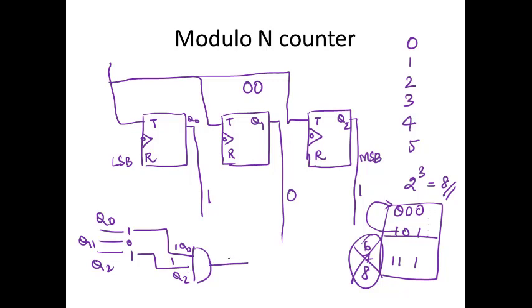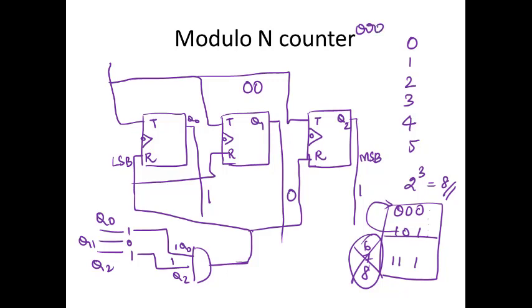Let this one go to all the resets. And let me assume that when reset is high, all the flip flops will be reset to the initial state 0, 0, 0.